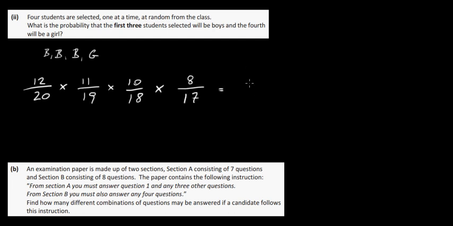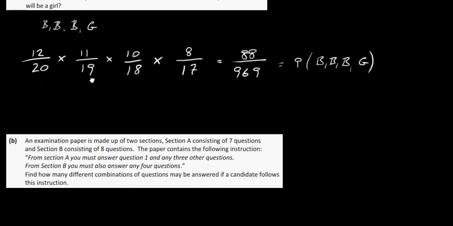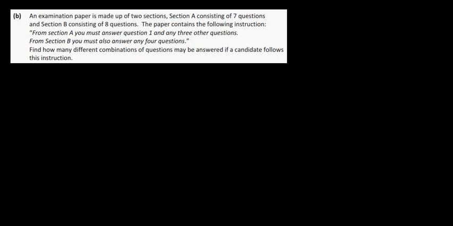So when you work this out, you should get 88 over 969. So that's the probability of choosing a boy, boy, boy, and then a girl. Okay, so that's part 2. Let's have a look at part B then.